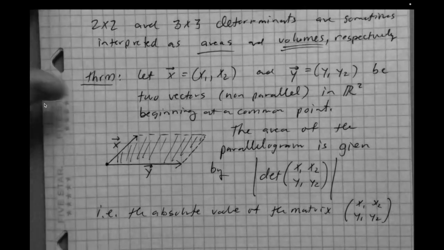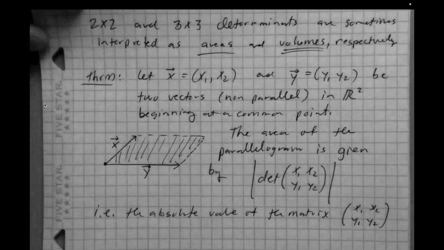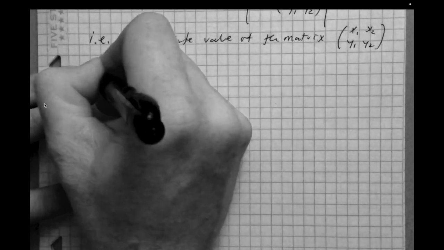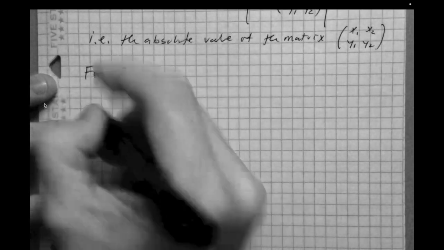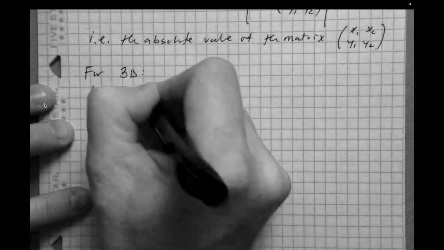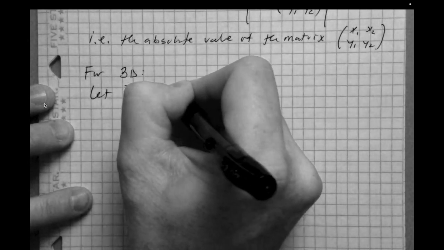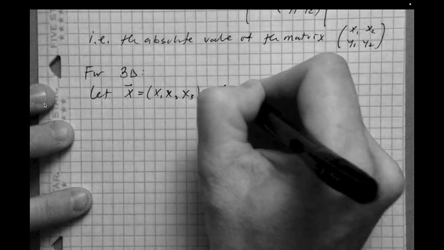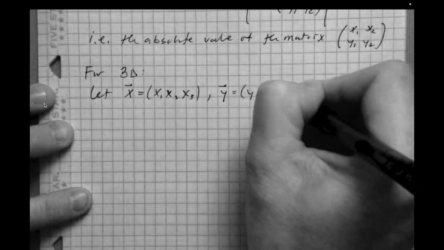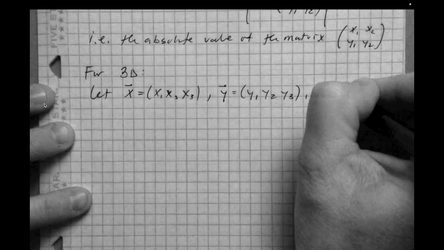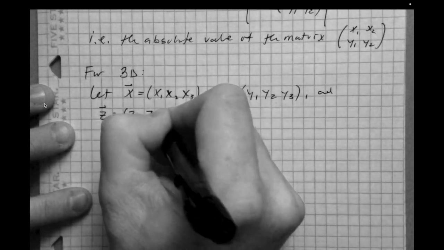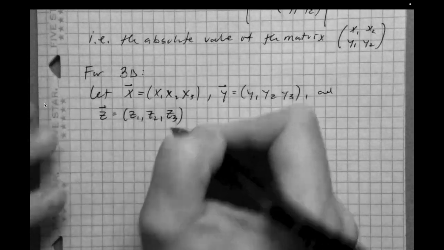Okay, that's very cool. And this can be extended to the 3D case as follows. So for 3D, let x be a vector, x1, x2, x3, y be a vector, y1, y2, y3, and z a vector, z1, z2, z3.